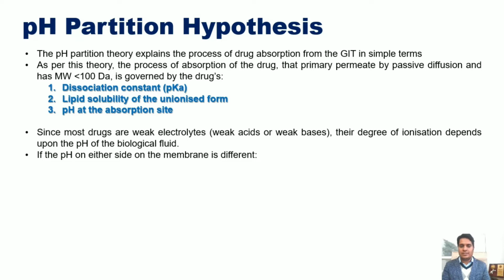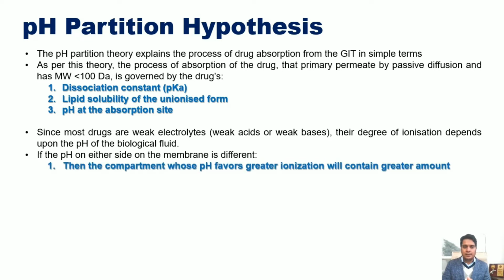Since most of the drugs are weak electrolytes like weak acid or weak base, their degree of ionization depends upon the pH of the biological fluid. If the pH on either side of the membrane is different, then the absorption will be different. The compartment whose pH favors greater ionization will contain a greater amount of the drug.